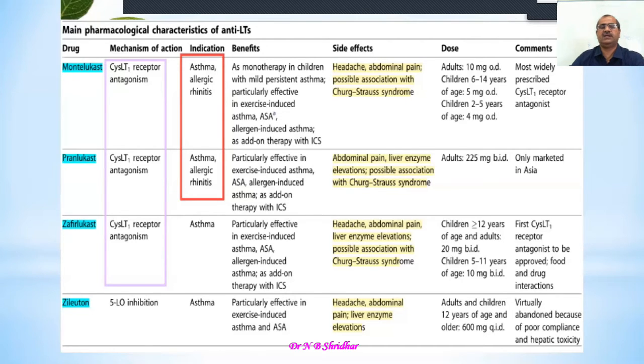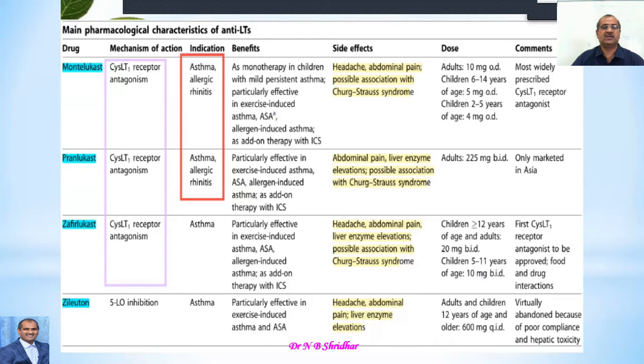other cysteinyl LT1 receptor antagonists, and also Zileuton is a different drug. It is the 5-lipoxygenase inhibitor, and is also used in case of asthma, and ultimately the leukotrienes are not formed because of Zileuton, and particularly it's effective in exercise-induced asthma and allergy-induced asthma and many more.